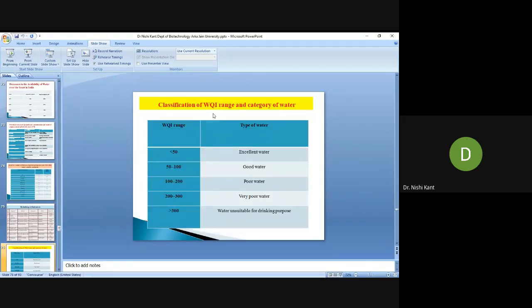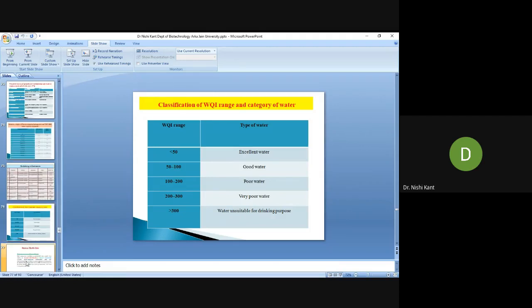The classification of water quality index ranges and the category of water: less than 50 is considered excellent water quality. 50 to 100 indicates good water. 100 to 200 poor water. 200 to 300 very poor. And greater than 300 is unsuitable for drinking purposes.